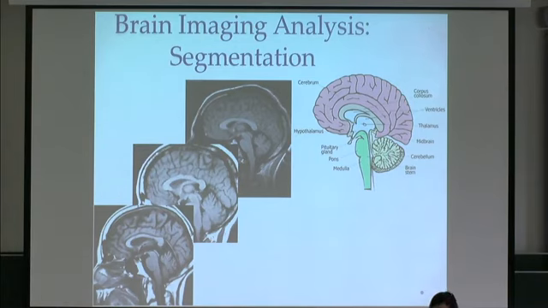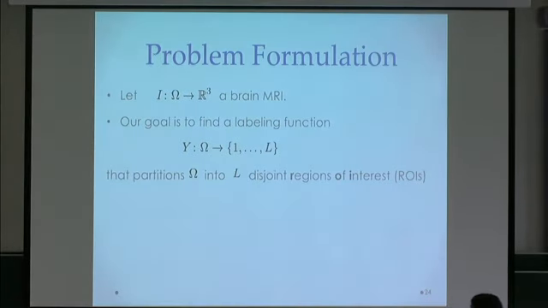Why do we want to do that? Shape analysis, aging, etc. So we can formulate the problem in a similar manner. I is defined on the image domain, which could be, for example, 3D. We would like to partition the image into L disjoint regions of interest.